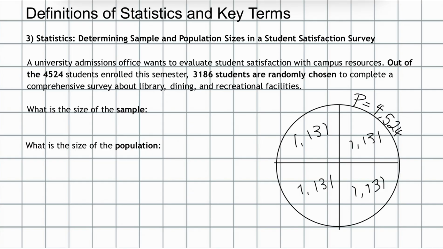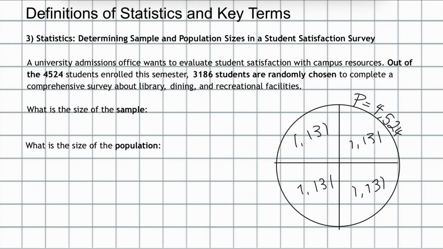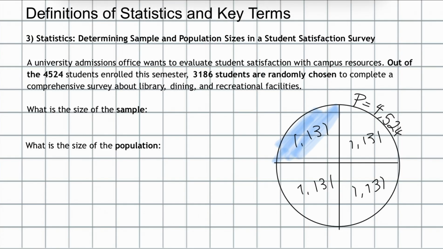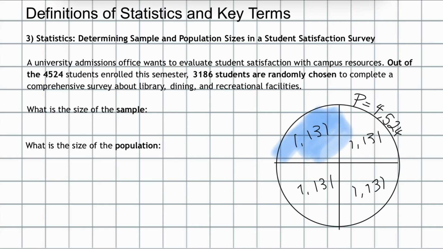So the portion out of those students is 3,186 students. I'm going to add these two columns, because I know that's already 2,262.